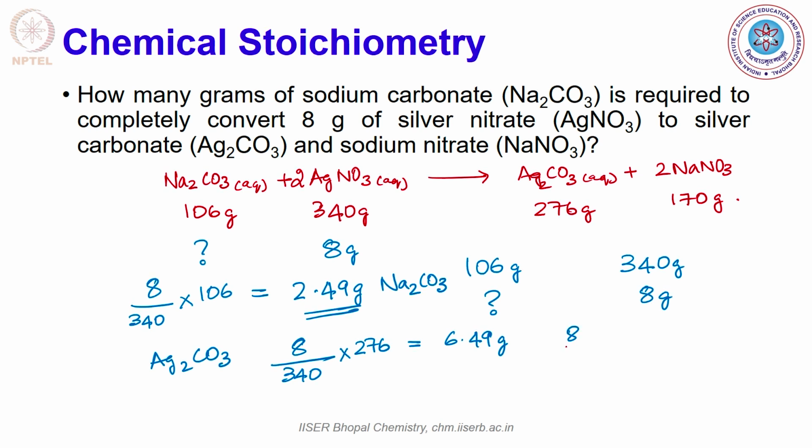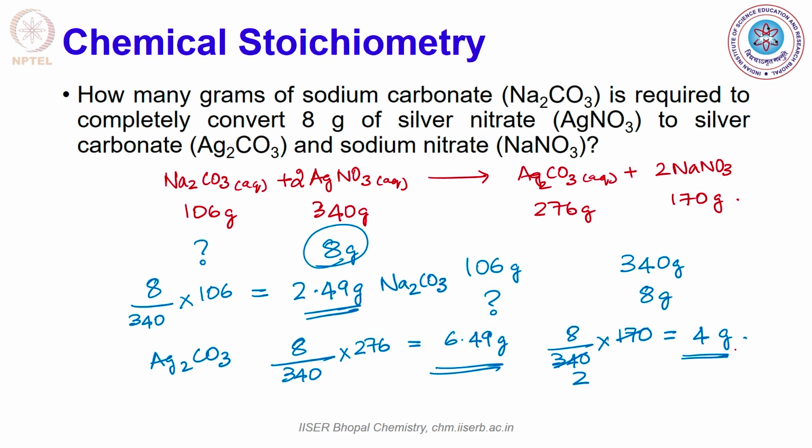It is going to be equal to 8 by 340 times 170, which is, this is easy, 4 grams. So, basically if you have 8 grams of silver nitrate present, you need to add about 2.49 grams of sodium carbonate, which will yield 6.49 grams of silver carbonate and then 4 grams of sodium nitrate.